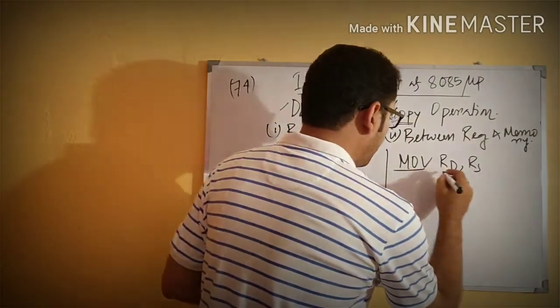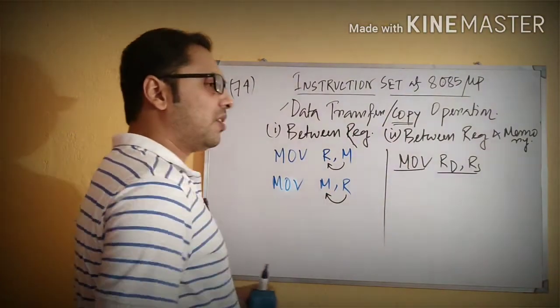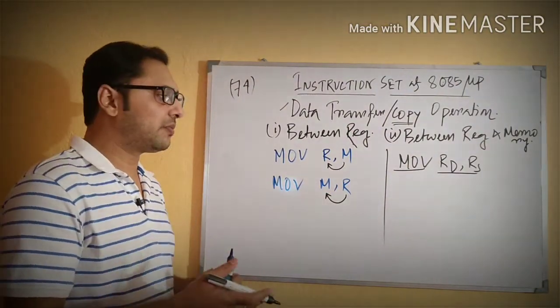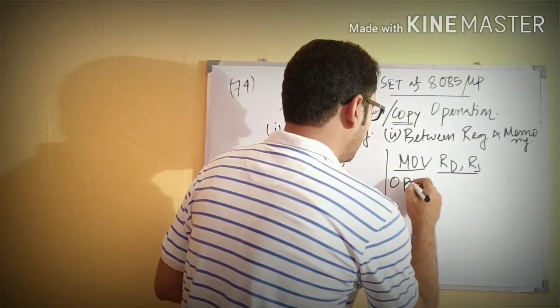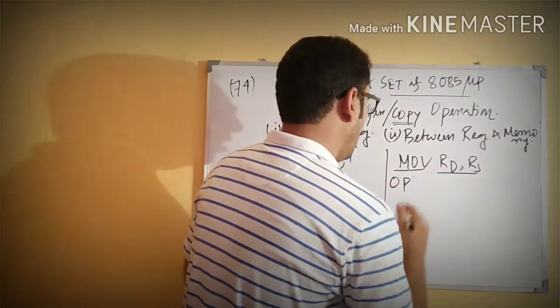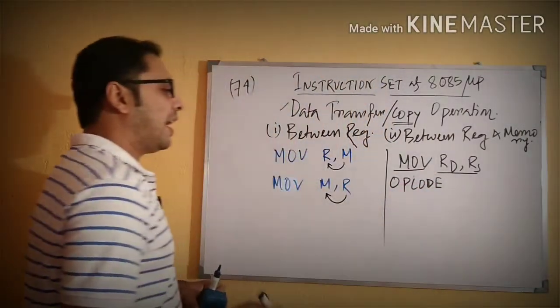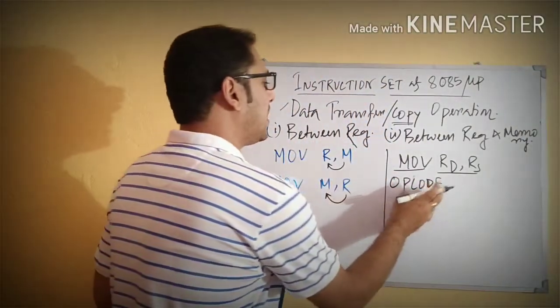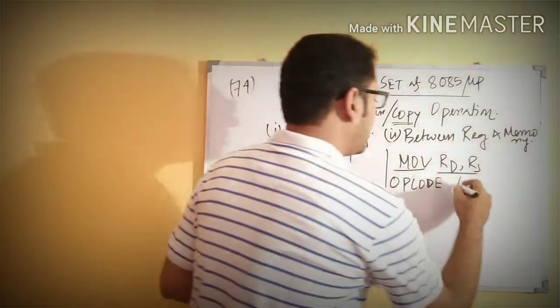The first one is MOV, the second one is RD comma RS. This MOV stands for the operation that we want to perform here. That is called opcode. And this operation will be performed upon these elements or upon these registers. So they are called operand.